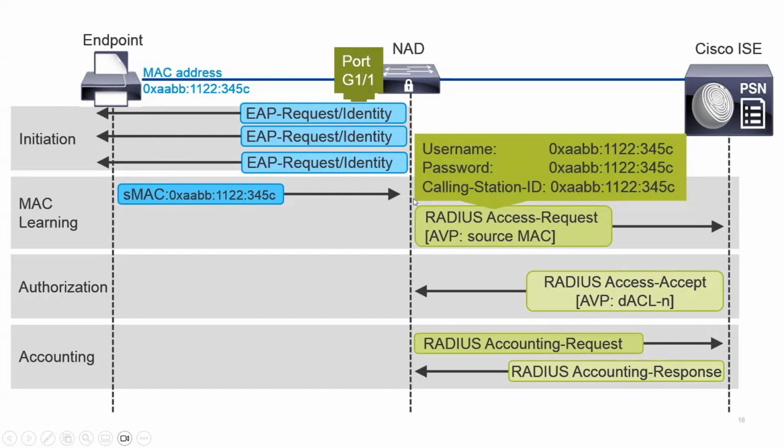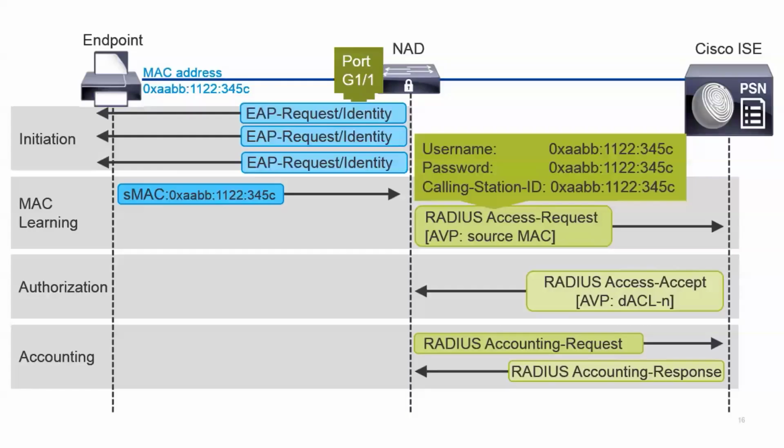Then MAC address authentication starts. That frame is carried within the RADIUS protocol to the ISE. If ISE has that information, ISE will do the authentication, and then the authorization will start. Then as per the policy, whatever access the device needs, it will get.